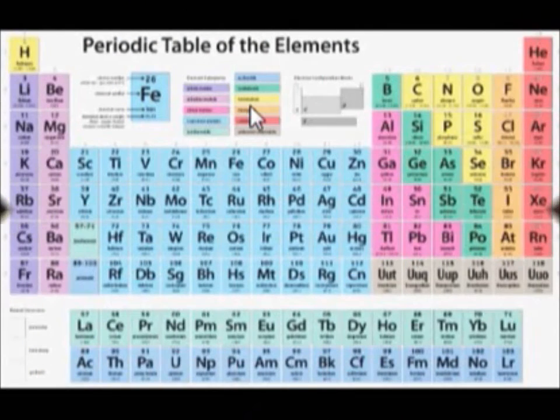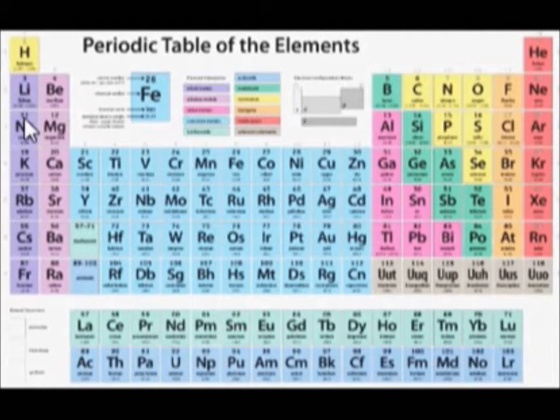So, where are the alkali metals, alkaline earth metals, transition metals, halogens, and noble gases? Well, first of all, let's start with the alkali metals, spelled with an I, which are right here with lithium, sodium, and potassium.